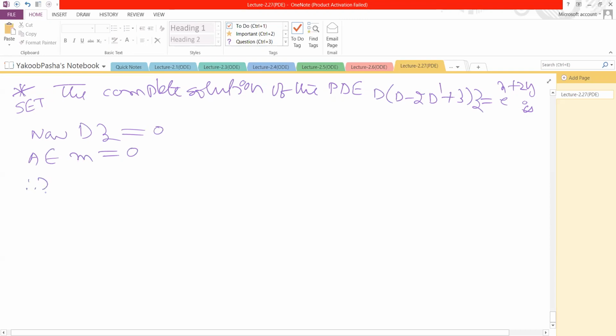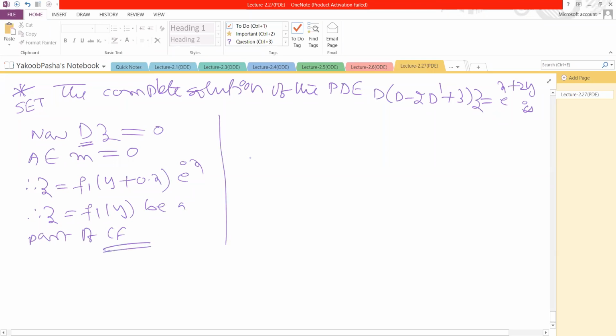So z is equal to f1 of y minus, look at this term, there is no D dash term, so the D dash coefficient is 0, which gives 0 into x into e to the power of 0x. So z is equal to f1 of y, be a part of complementary function.